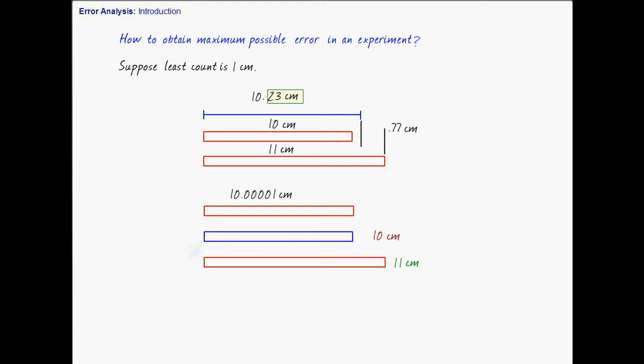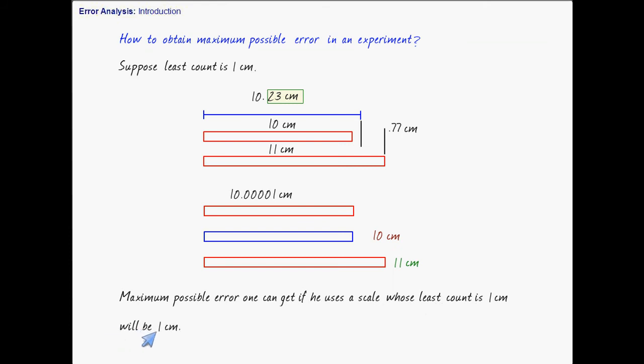So the question is, what is the maximum error that you can have? The maximum possible error one can get if he uses a scale whose least count is 1 centimeter will be 1 centimeter.